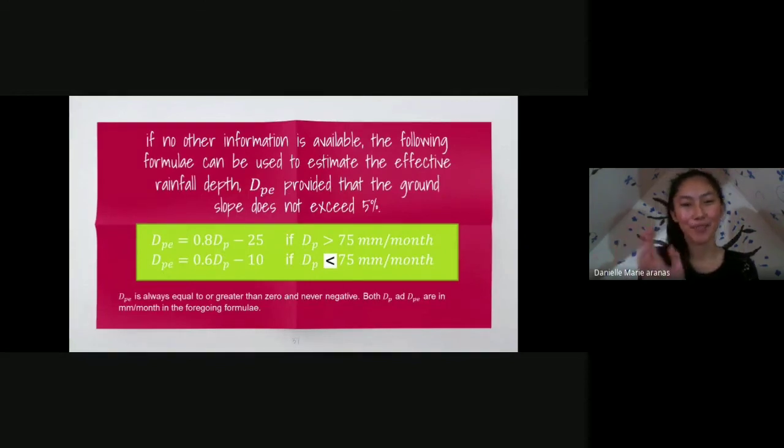Yes, it's effective precipitation. Effective rainfall or effective precipitation, sorry. Provided that the ground slope does not exceed 5%. So we have here two conditions, if the effective precipitation is not given.